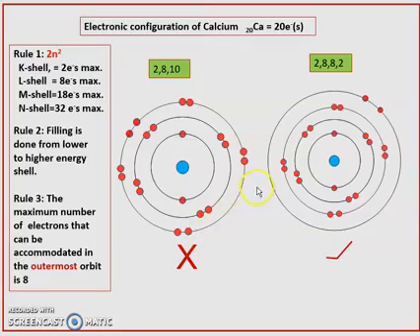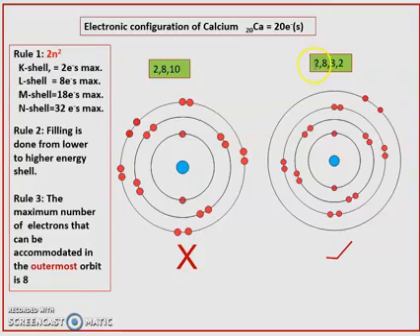Had there been another shell outside, you can put up to 18 here, and then put other remaining electrons outside. But here, we don't have any other shell. So this is the outermost shell. And the outermost shell, according to rule 3, can take a maximum of 8, no matter the atom, because it is the outermost shell. That is why this is wrong.